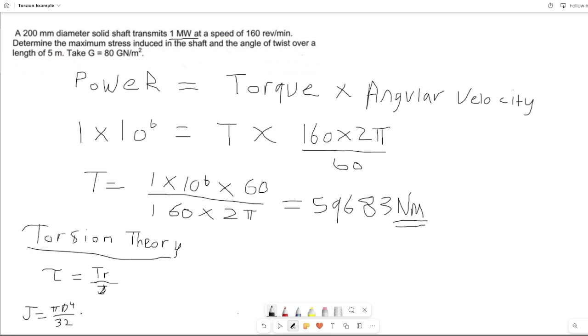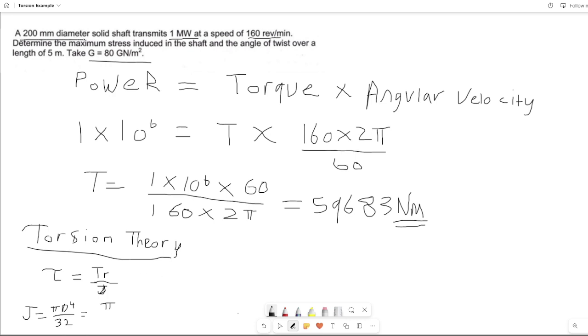So if we then just substitute those values in that we've got in the question. So pi times d, which would be 0.2.